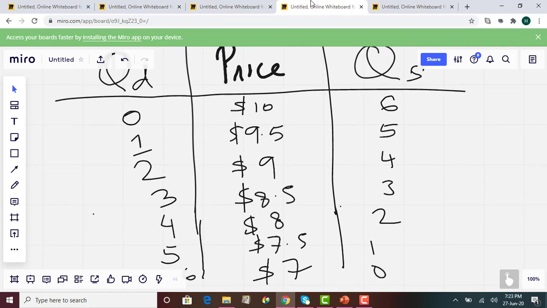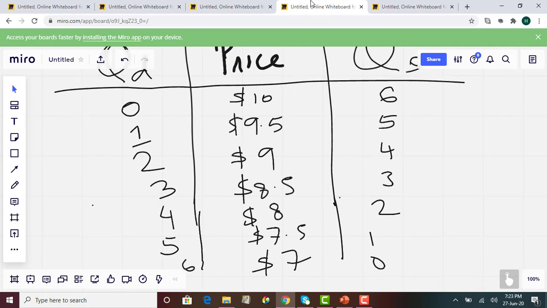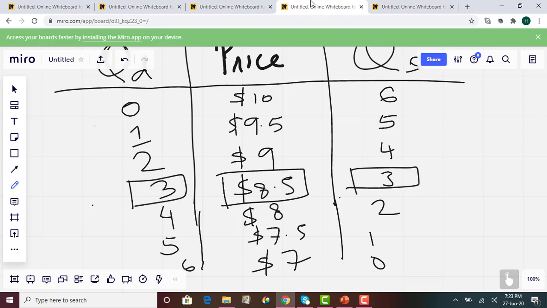Okay, so this table is given to you. If you look at this table again, at 8.5 you can see your quantity demanded is equal to your quantity supplied. So we are at an equilibrium situation, and in this case your price equals your value, which also equals your marginal benefit and your marginal cost.